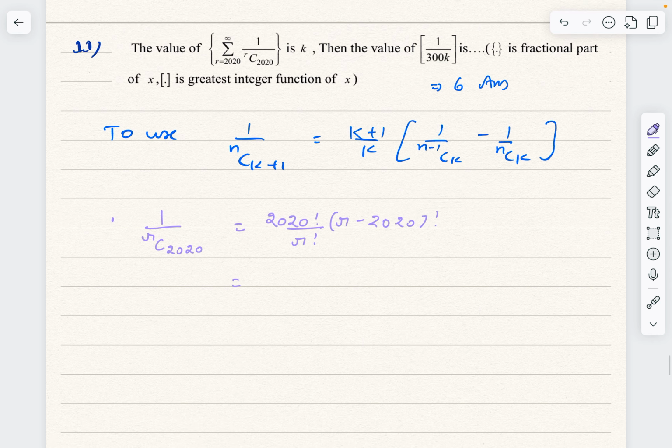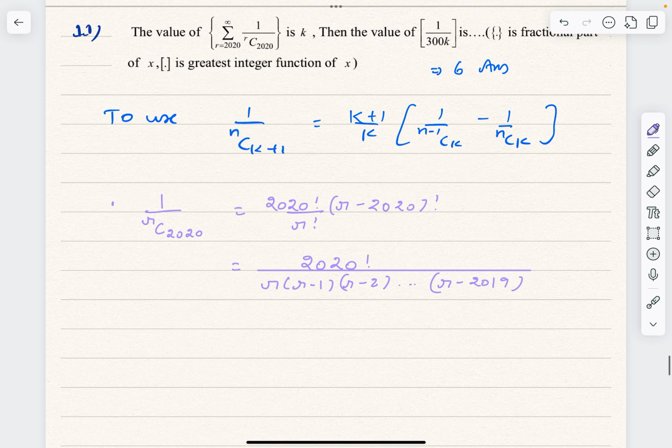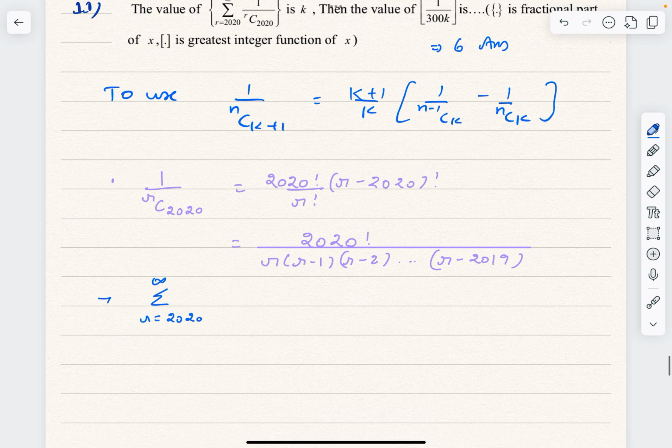When you simplify this thing, 2020 factorial will be as it is, and we get r into (r minus 1), (r minus 2), up to (r minus 2019). Okay, now we put summation over this thing. So we have to find summation r from 2020 to infinity of this thing.